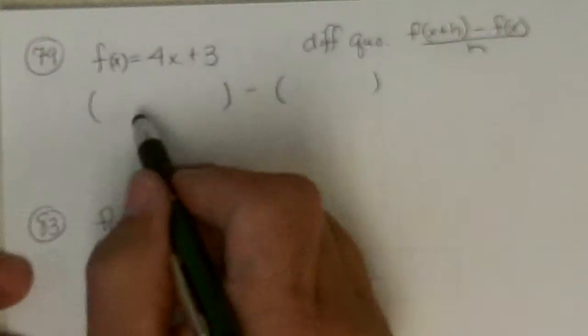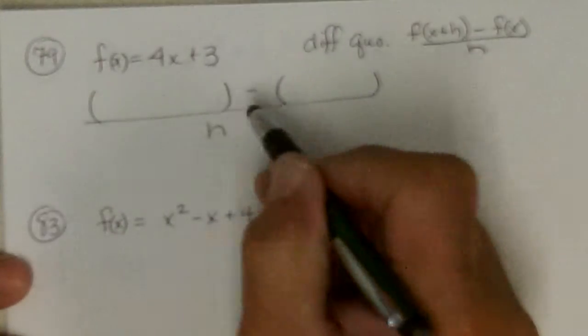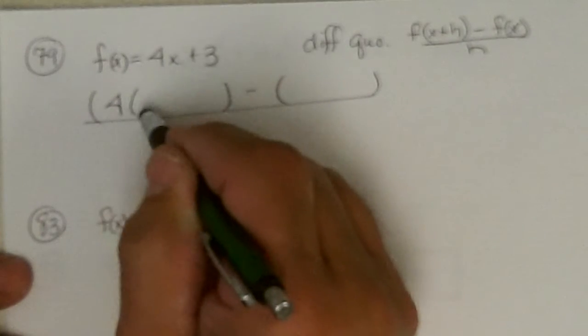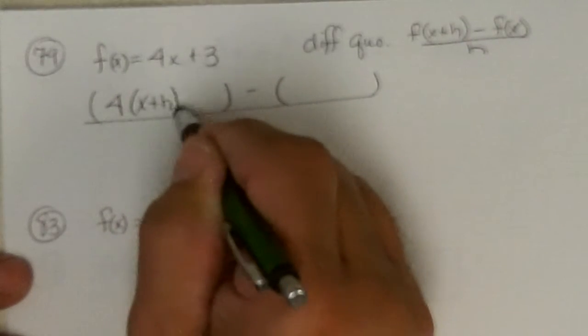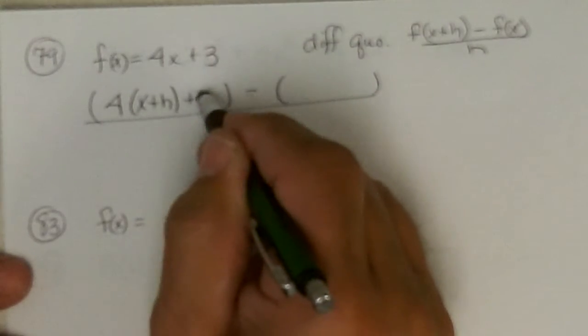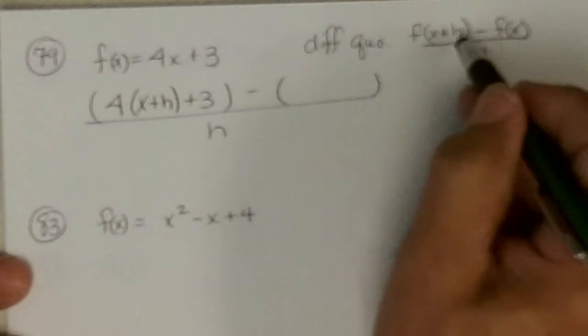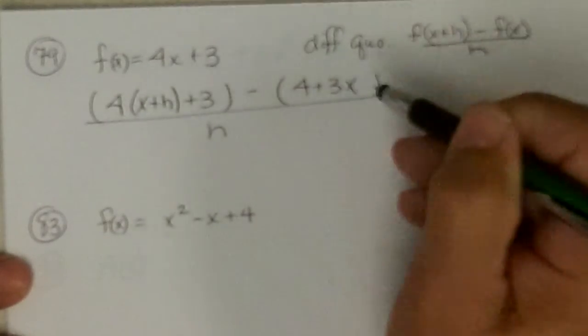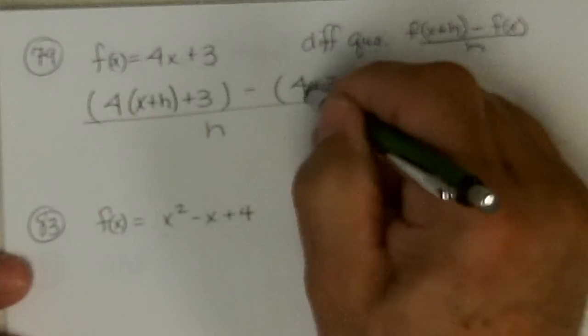So x plus h into here, we get 4 times x plus h. The x is replaced with x plus h, plus 3. And then here we just have 4x plus 3, excuse me.